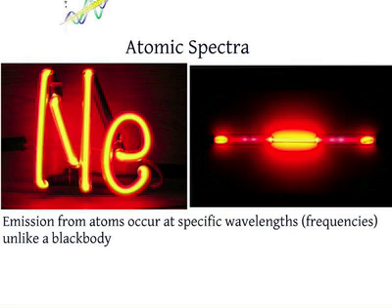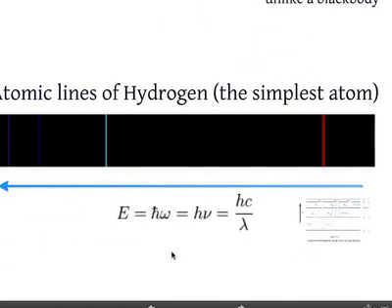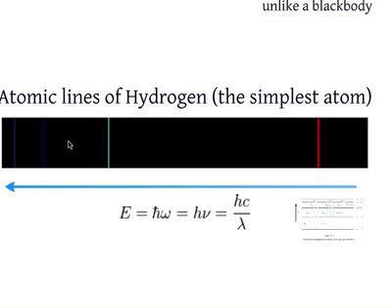So people measured these spectra in the early 1900s and saw that they had some very specific relationships between them. Okay, an atom can emit at different colors, but they're all very sharp colors. Okay, and there was some relationship between them. They were not able to explain that. That was the third phenomena that needed explanation. So emissions from atoms occur at specific wavelengths or frequencies unlike a black body. An example is for hydrogen, as shown here. The atomic lines of hydrogen are shown here.